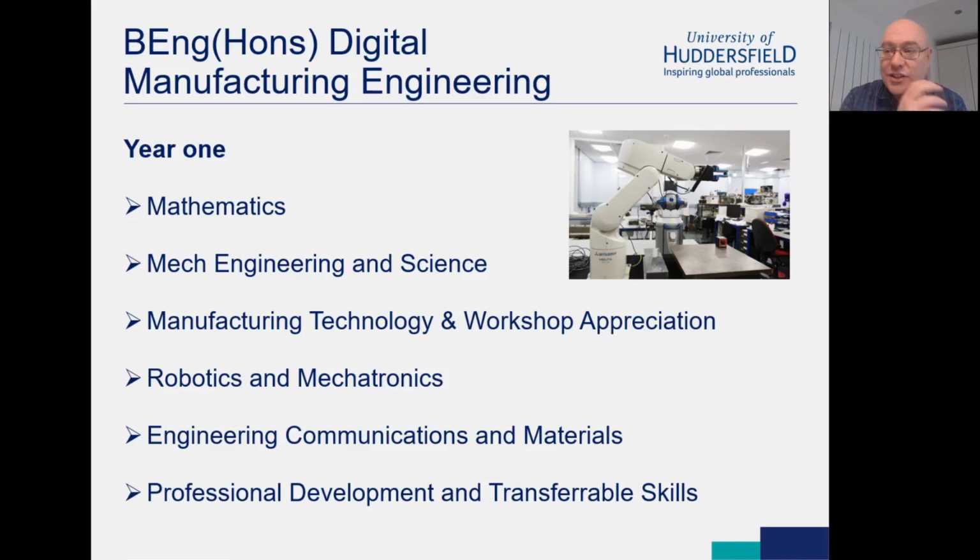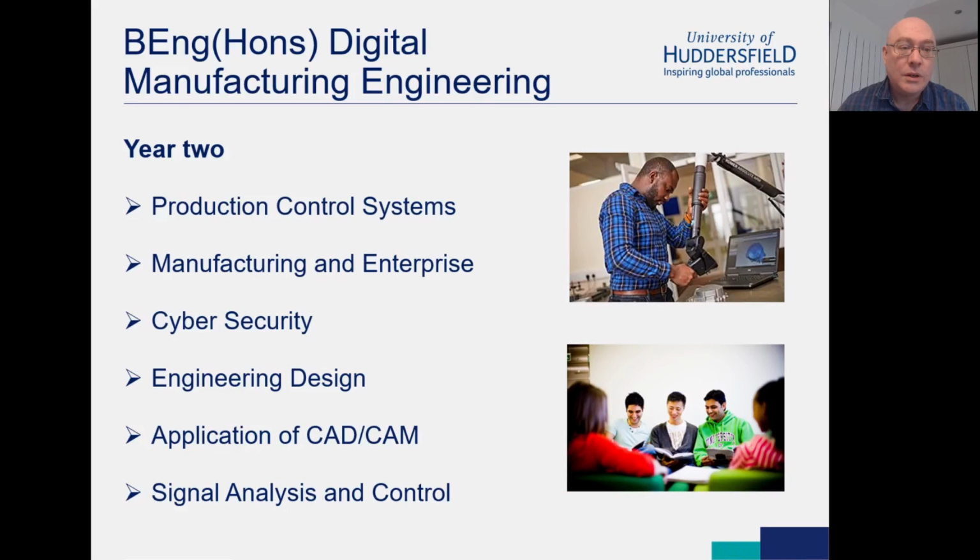And then it's not just about the technology, it's about how you can build yourself as an engineer and as a future worker. So professional development and transferable skills are really important in making sure that you're ready for the world of work, and we start that from the first year. In the second year, we start to diverge from some of the other mechanical engineering courses.